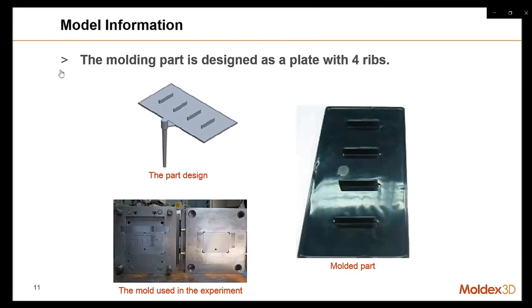We really have a tooling design. We can see we have a tooling design to manufacture this plate, and this plate with 4 ribs on each, and we on purpose design the thickness of these 4 ribs with different thickness, and we really manufacture it. We can see the product on the right hand side.